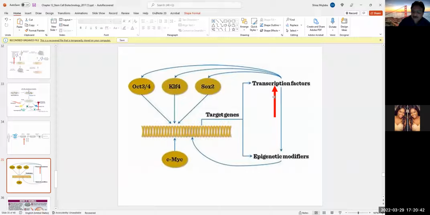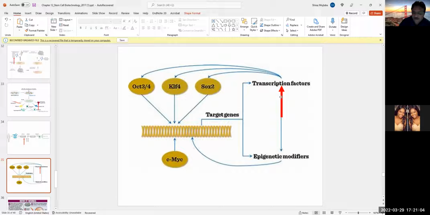But what happens if they are participating in transcription? Then these proteins work with RNA polymerase 2, which is the protein that is involved in transcription. So transcription factors work with RNA polymerase 2 to regulate transcription.